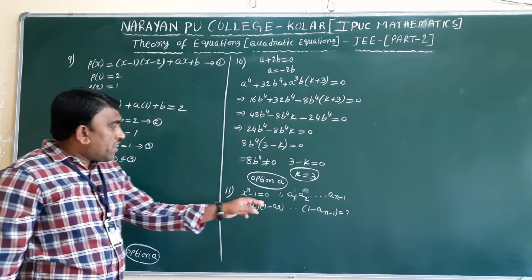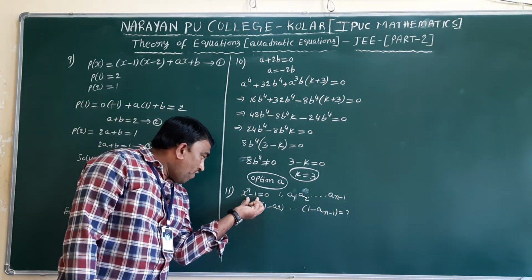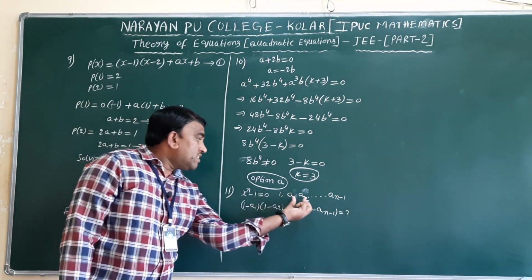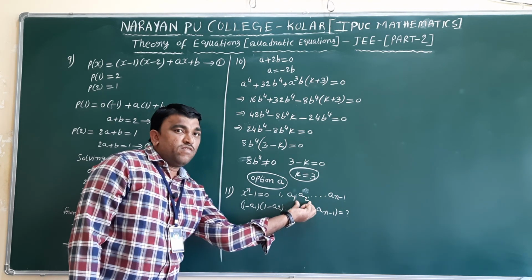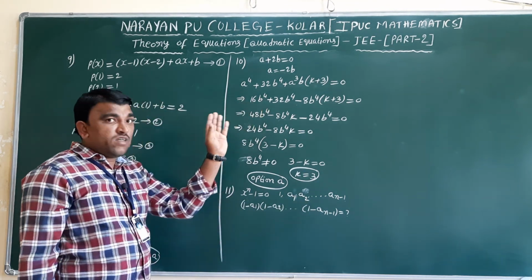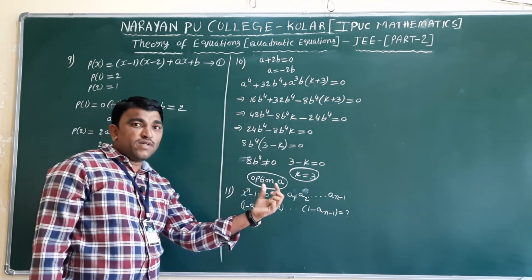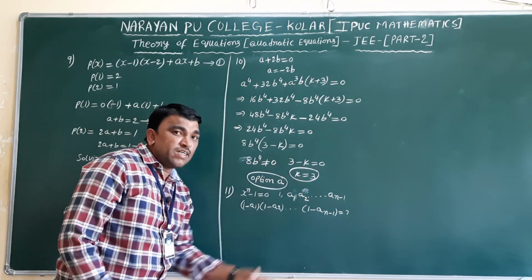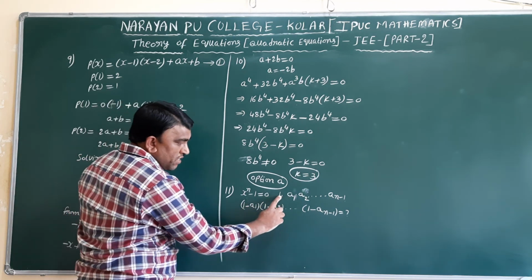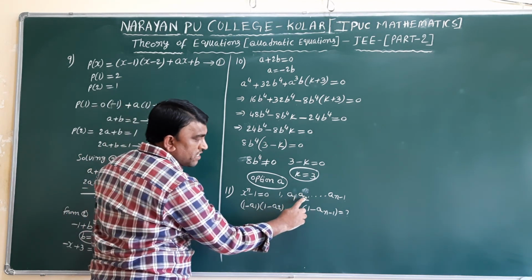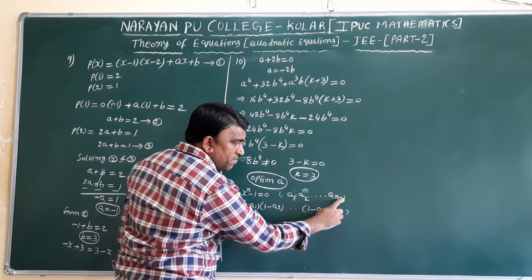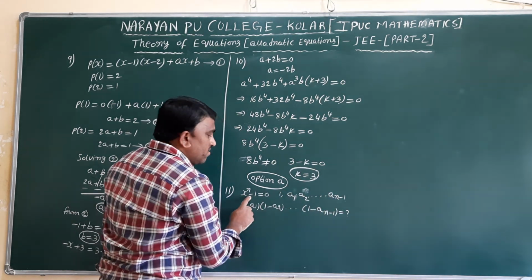So generally according to the question, they said for this equation these are the roots. For example, for any quadratic equation, if 1, 2, 3 are roots, it means x minus 1, x minus 2, x minus 3 are the factors, like that. Now based on that, x minus 1, x minus a1, x minus a2 and so on, x minus a n minus 1 are the factors of this one.